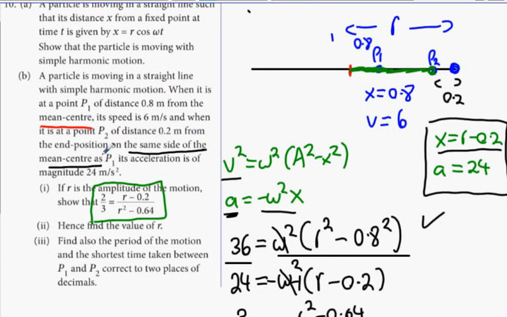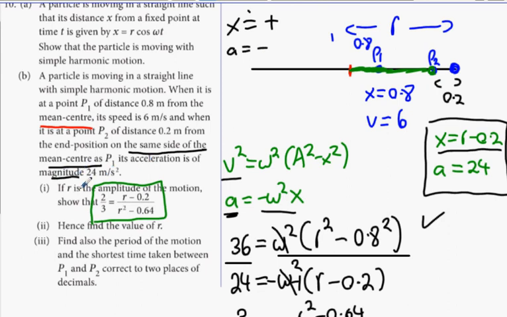So it means that all the action is taking place to the right hand side of the center, where x is in the positive region. Remember what we always said about simple harmonic motion? When x is positive, a must be negative. It says of magnitude 24.